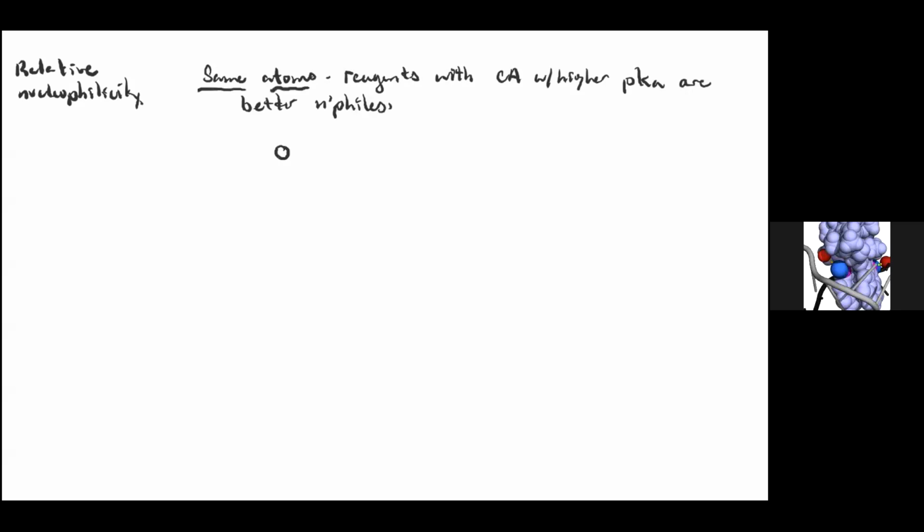for example, if I have hydroxide and I have acetate, the question is, which one of these is a better nucleophile, right? And you would look to the acid. So the conjugate acid of these is water and acetic acid. And the pKa of the conjugate acid is about 15 and 4.72.